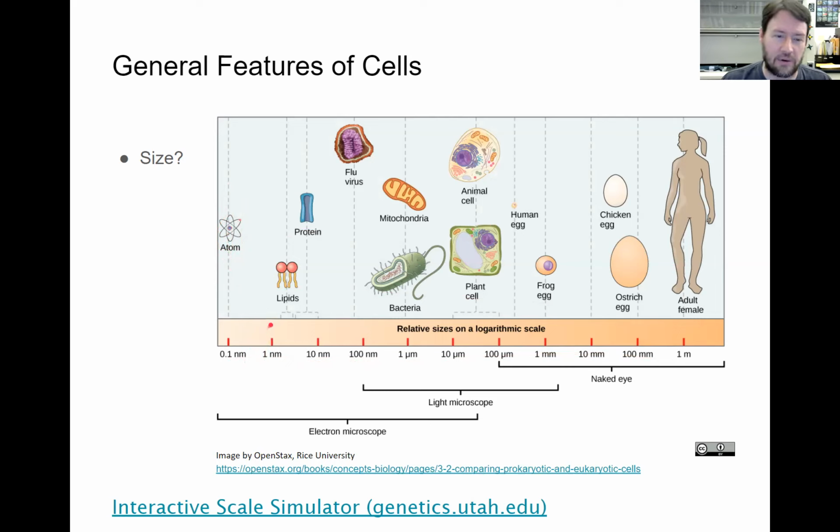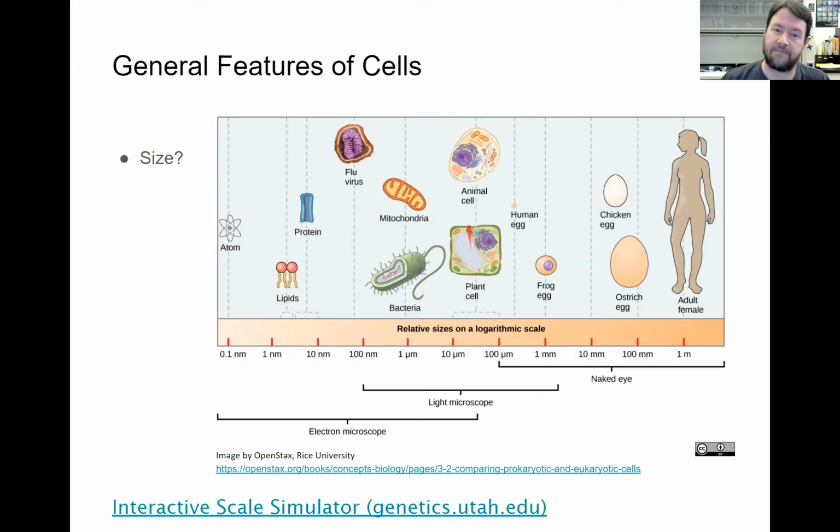Molecules might be on the order of nanometers. Biological molecules might be 5 to 10 nanometers if they're big biological molecules. Viruses are maybe 100 nanometers. Bacteria are about 1 micrometer.